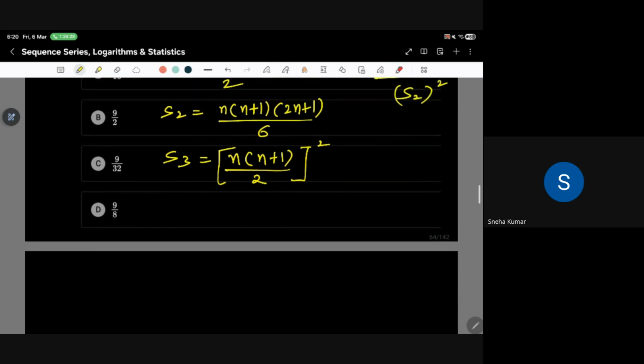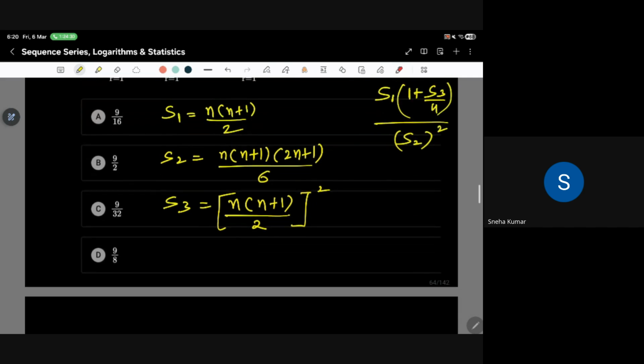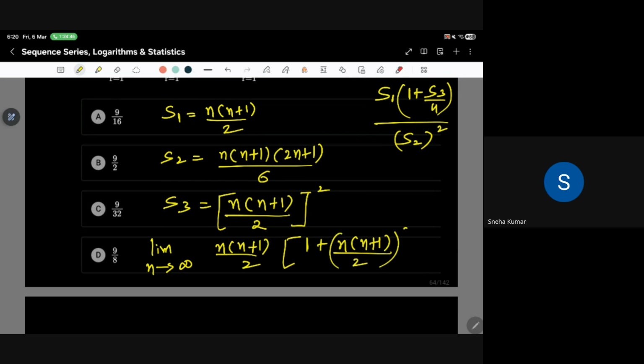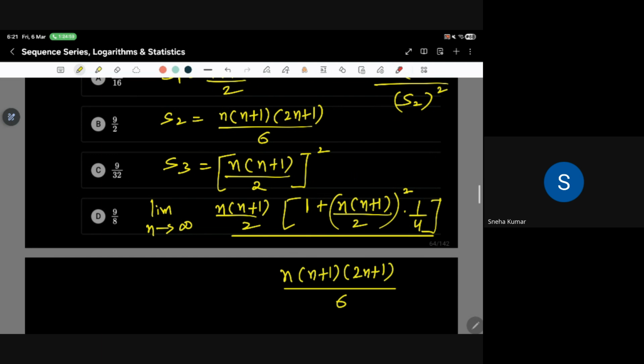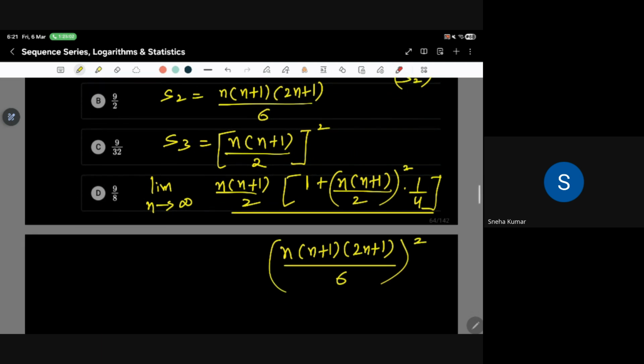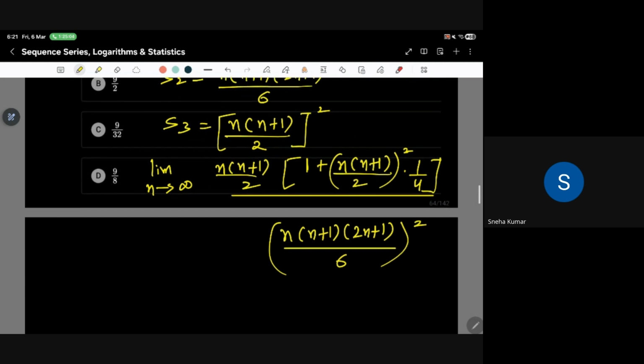So limit, this whole square. So n into n plus 1.